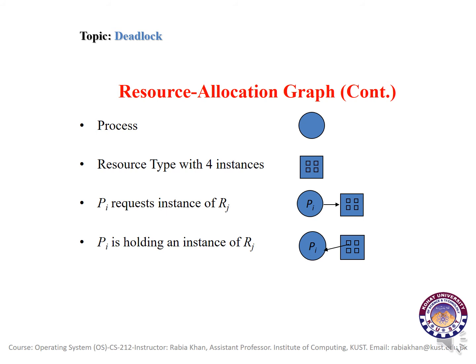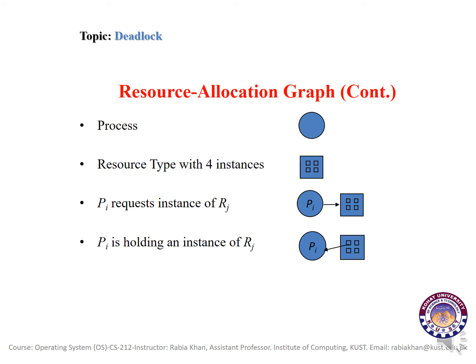We can now draw all the resource allocation graph in which processes are represented with circles, resources are drawn with squares, or you can also draw it with rectangles, and if more than one instances of a resource are there, so we can draw same number of small squares or small circles inside the big square.